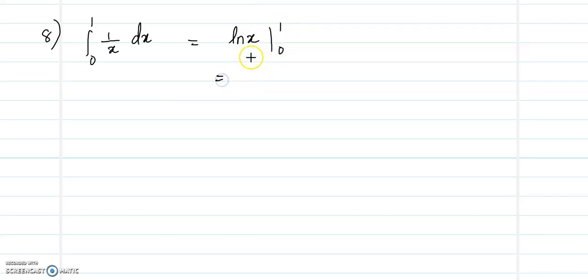And number 8, we need to evaluate the integral from 0 to 1 of 1 by x dx. So the integral of 1 by x will be log x. We need to apply the limit from 0 to 1. Applying the limits, this will be log 1 minus log 0.